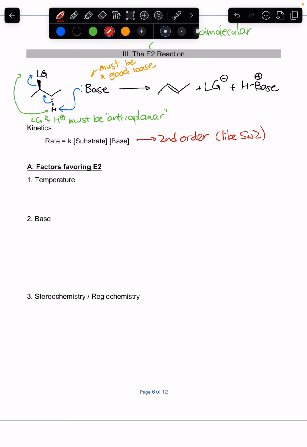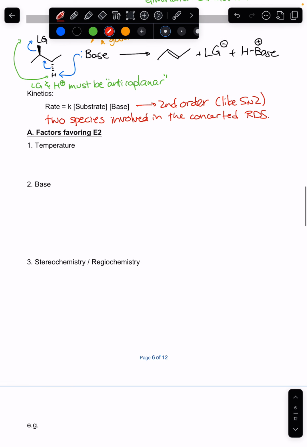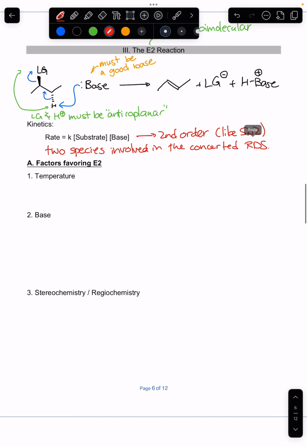That this means, once again, 2 species are involved in the concerted rate determining step. And indeed, just like SN2, it's really a one-step mechanism. So everything happens in one step.